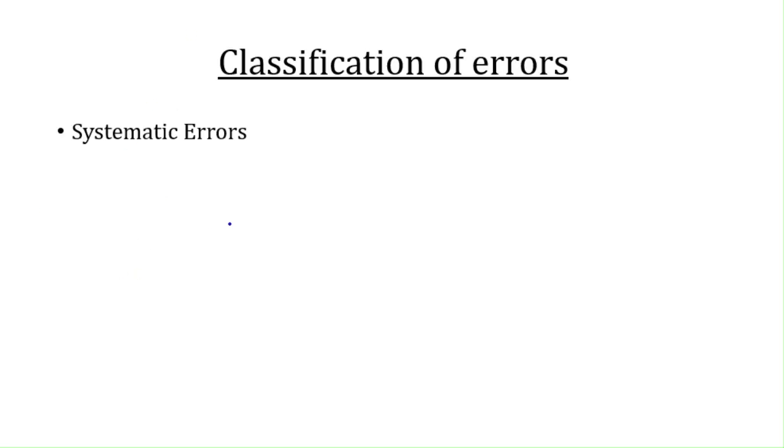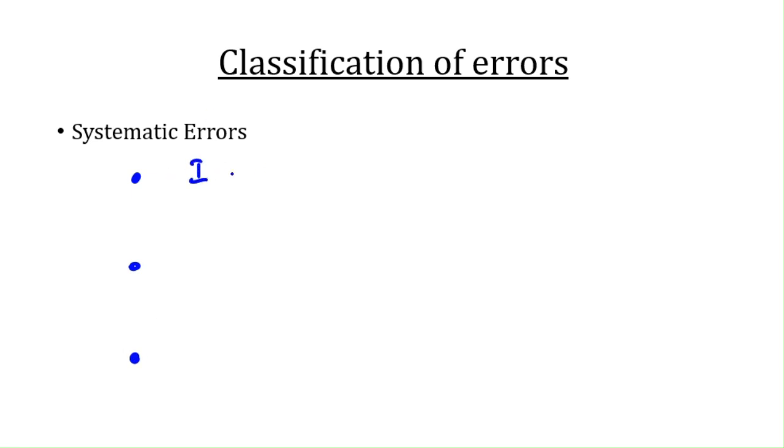So let's start with systematic errors. Systematic errors come from faulty instruments or imperfection in experimental techniques, or maybe some personal error like carelessness.